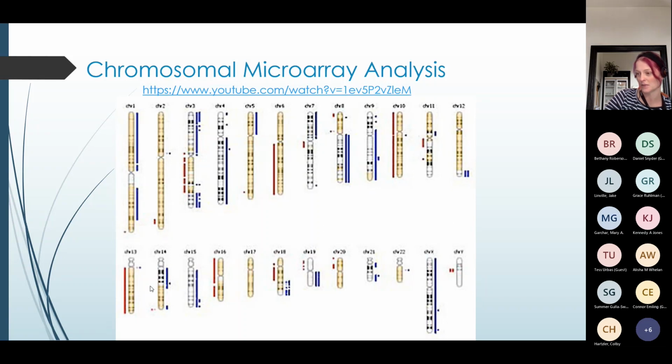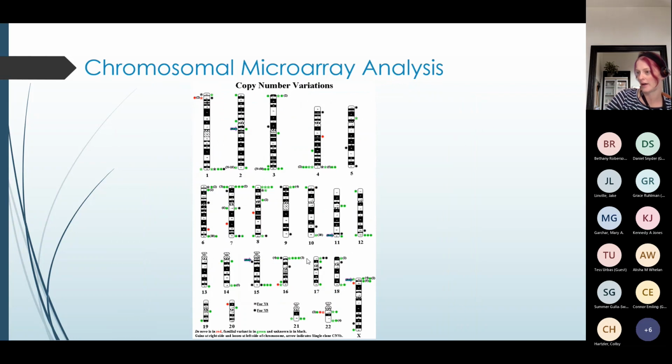Obviously, somebody with this many issues is probably not viable, because that is a lot of genetic issues. A lot of additions and deletions. Again, this one shows the same thing, just with a little clearer viewing of the banding, and it actually says, okay, things to the right are additions, things to the left are deletions.